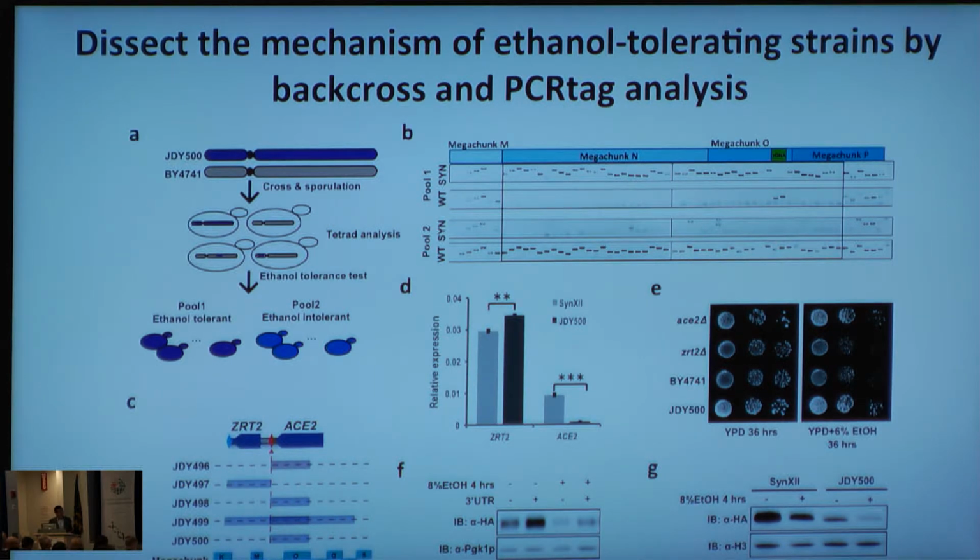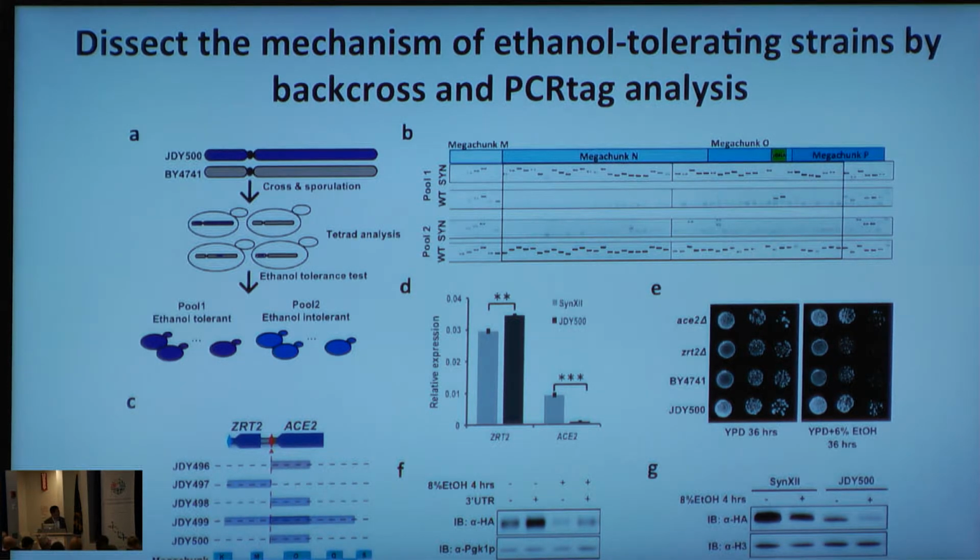Then, using PCRTag analysis, we can identify which region of the synthetic DNA correlates with this ethanol resistance, which tells us exactly where it is. We also did whole genome sequencing, which firmly confirms that all of the ethanol-resistant clones contain a rearrangement at this region.